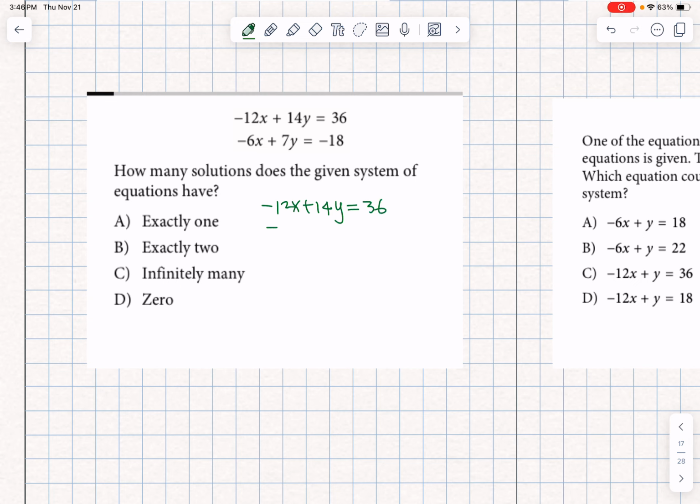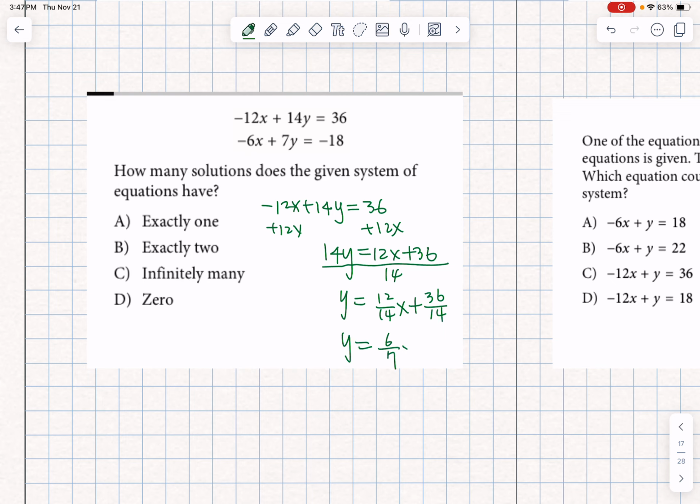Add 12x on both sides, so 14y equals 12x plus 36. Divide by 14, and y equals 12 over 14 x plus 36 over 14. If you simplify, y equals 6 over 7 x plus 18 over 7.